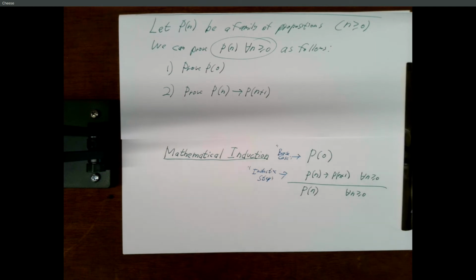So every proof by mathematical induction involves a base case and an inductive step. The inductive step is that entire second row. It's this entire second row.